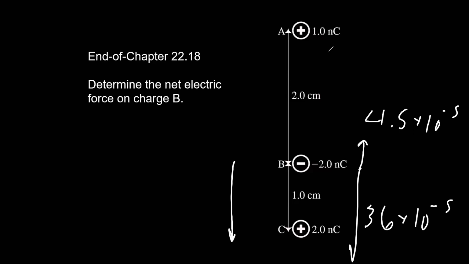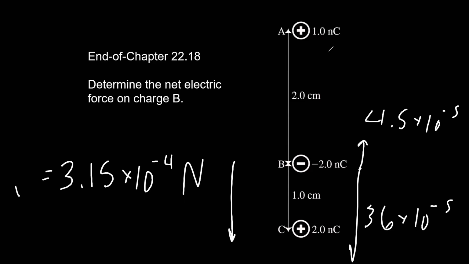That's like 36 minus 4, you know, tack on an additional 0.5. So that will be 3.15 times 10 to the negative 4 newtons. That's the net force. And the direction is obviously down.